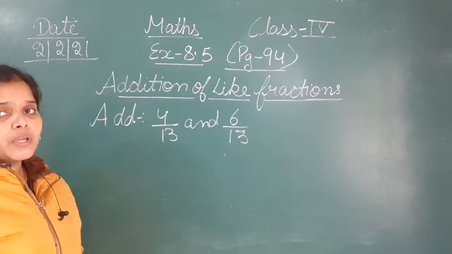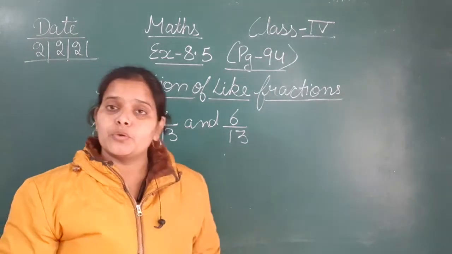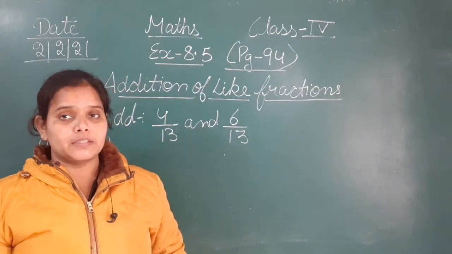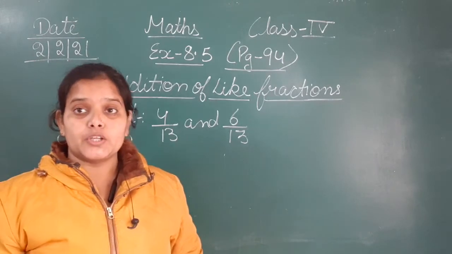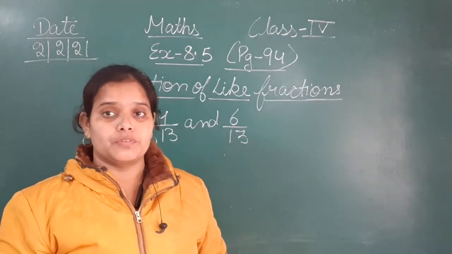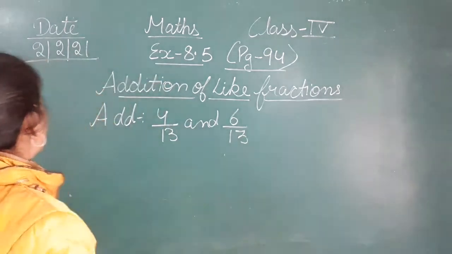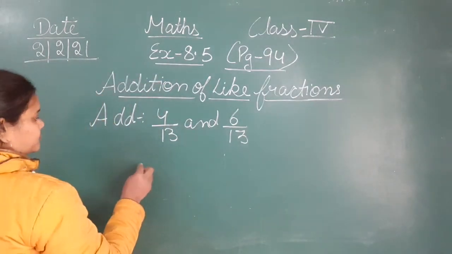So how are you going to add them? तो देखिए, this is just a simple addition that you were doing before, but the difference is only this, that you have to take the common denominator for both of the fractions. तो आपको इसके लिए common denominator लेना है.